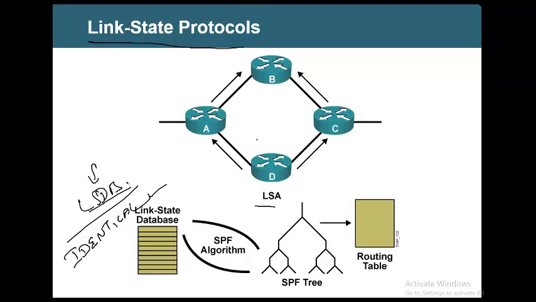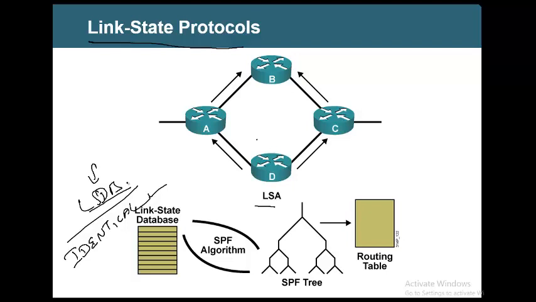You got identical map. OSPF helps the routers to build that map, which has got nothing missing. Everything is mentioned in that map, and everyone has got this map.